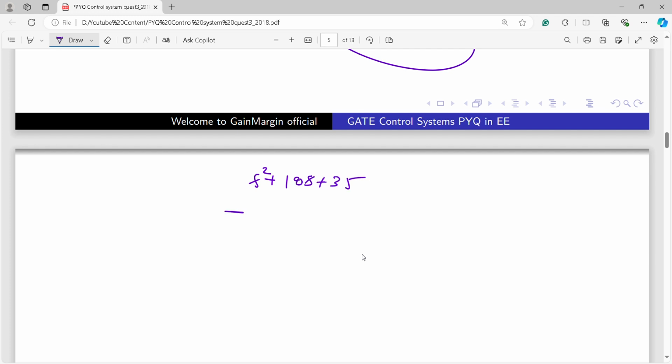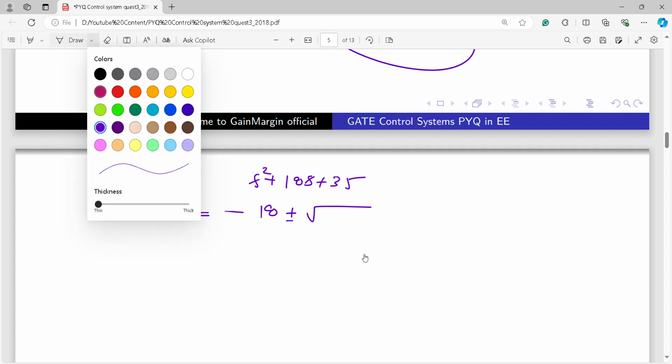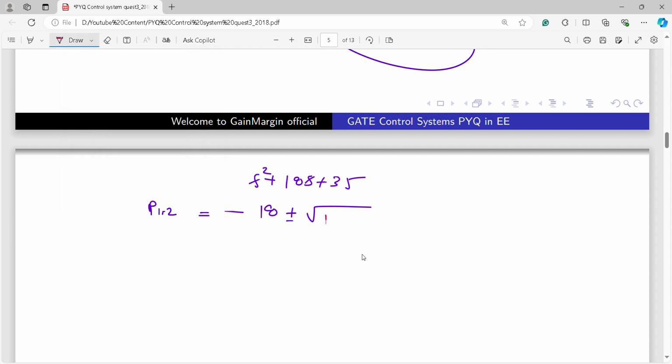I'm applying the Sridhar rule. So poles P1 and P2 equal minus 18 plus minus under root b square, 18 square, minus 4 into a, 1, into 35, by 2.